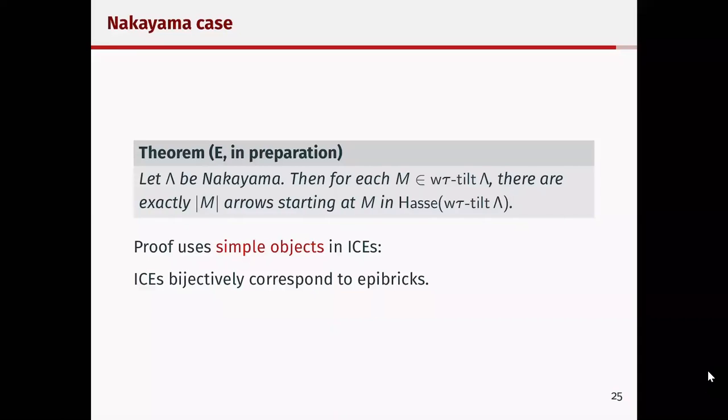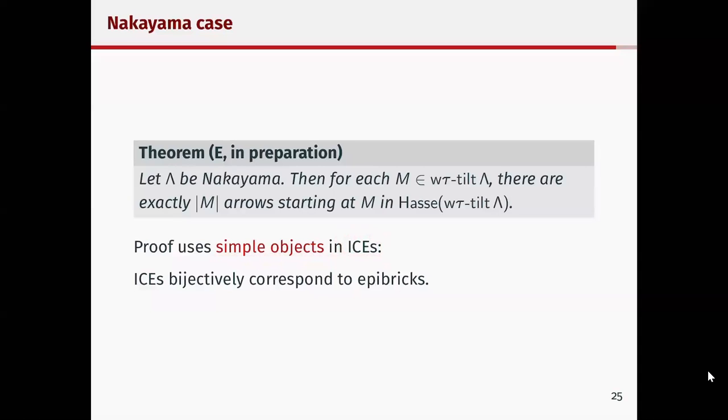The proof for the hereditary case uses rigid modules, so wide tau-tilting modules. Unfortunately, I haven't found a homological characterization of wide tau-tilting modules for Nakayama algebras. But instead, I used simple objects in the ICE-closed subcategory, and I won't define what simple means, but it's simple in the exact category.